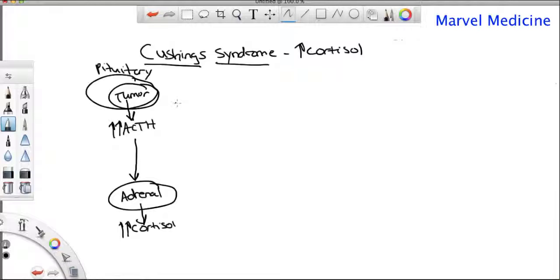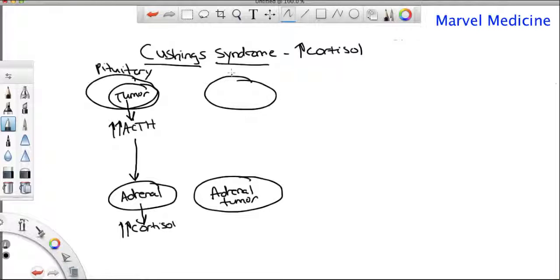Now, what's the second way you can get Cushing syndrome? Is by an adrenal tumor. Okay. Now, in these patients, their pituitary is perfectly fine. It's normal. Okay?